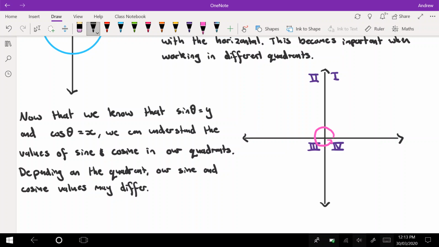Okay. And now I'm going to write sine, cos, and tan in every quadrant. Now for this, it's important to remember that the tangent of an angle is equal to the sine of an angle over the cosine of the angle.